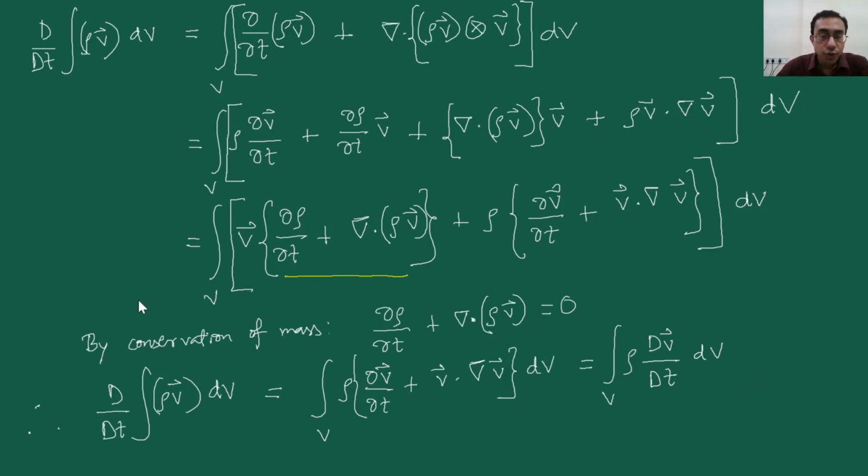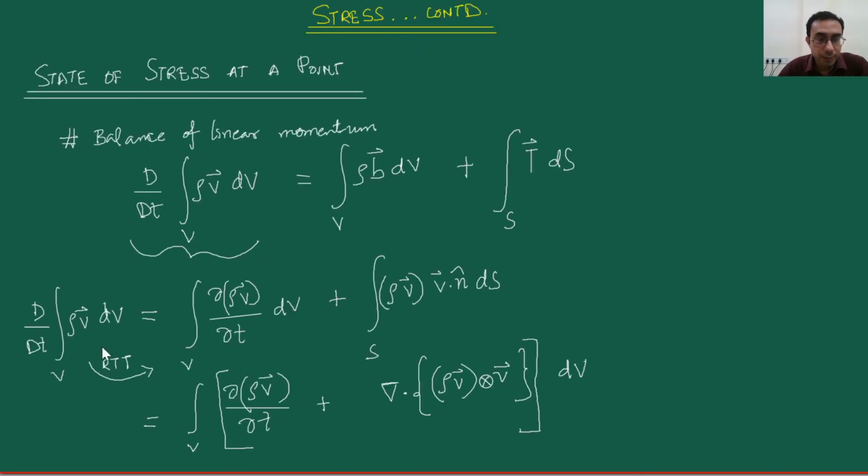Please note that you should not fall into the trap of very naively taking this d dt inside this volume integral. Please do not do that. As in the previous slide, please resist the temptation of just arbitrarily taking this d dt inside it and using the chain rule. You have to properly use the Reynolds transport theorem and then proceed.